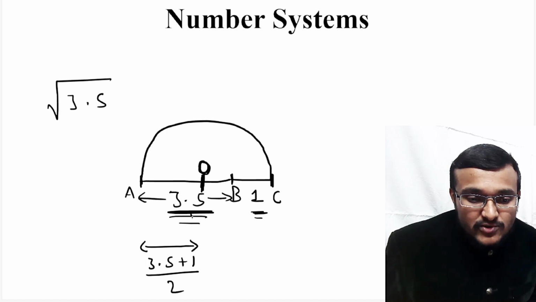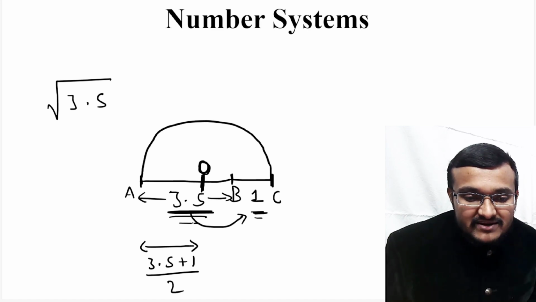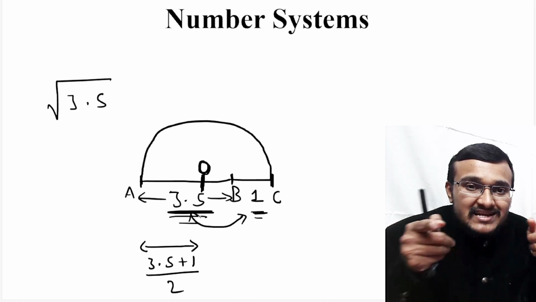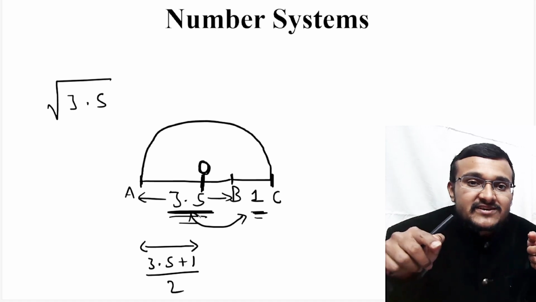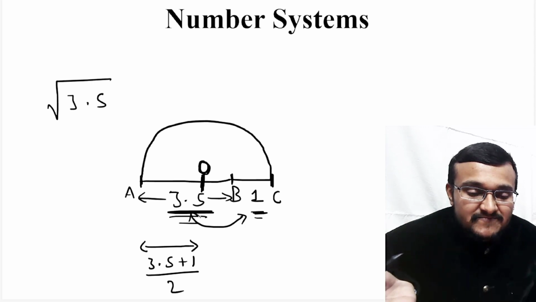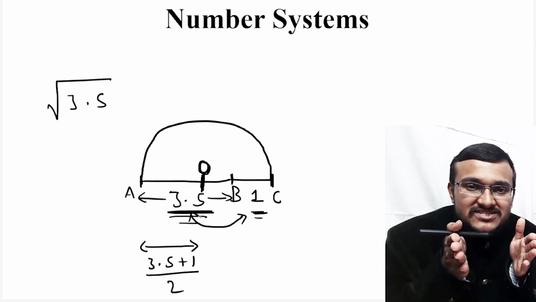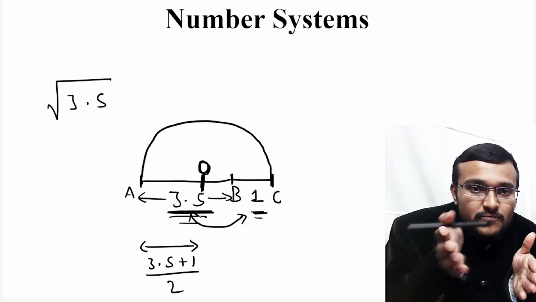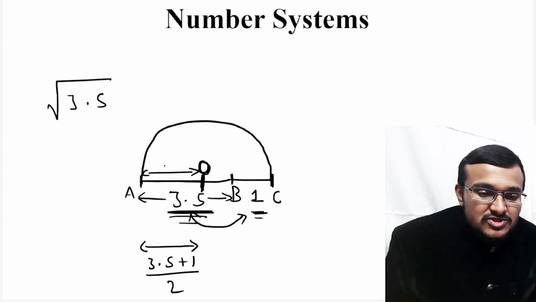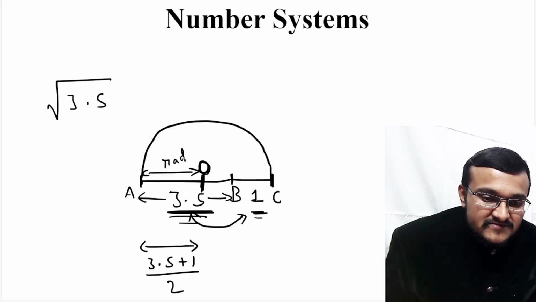Whenever you add 3.5 and 1, you get the total length AC, and AC is passing through the center O. So AC is the diameter, and AO is the radius of this semicircle.